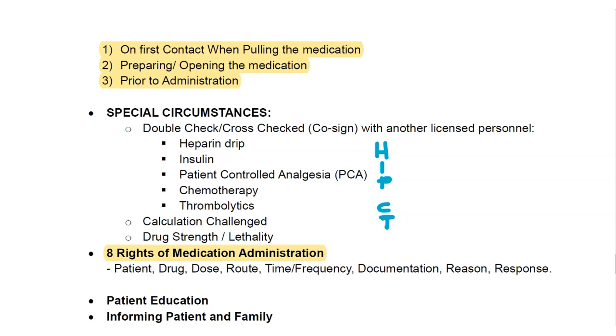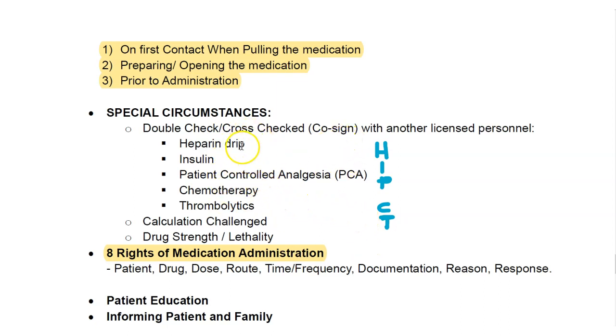The acronym that you have to remember is HIP-CT: heparin drip, insulin, patient-controlled analgesia, chemotherapy, and thrombolytics. These medications are high risk, therefore they need to be double checked.